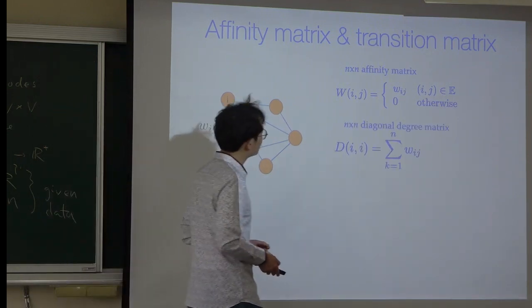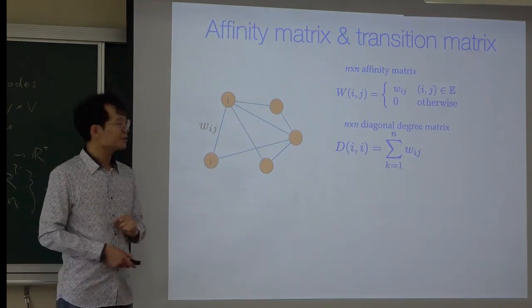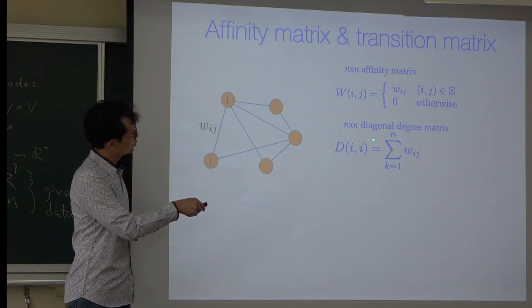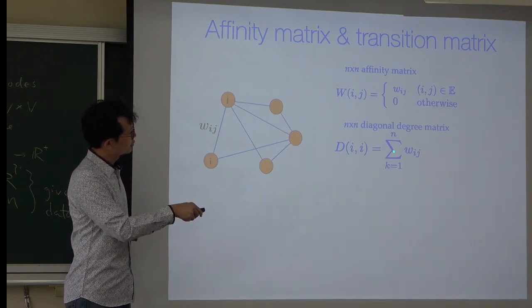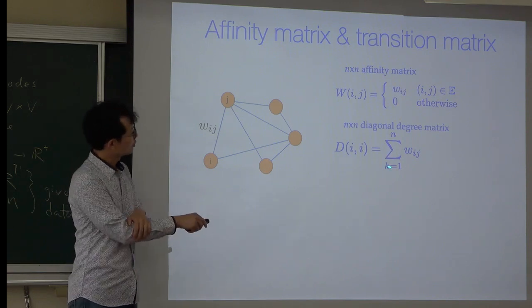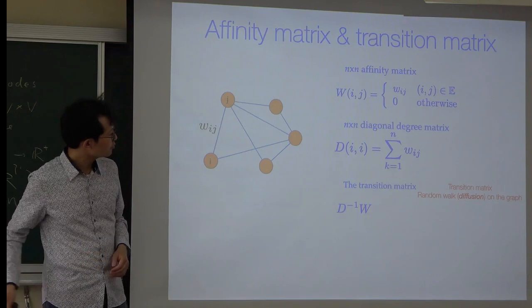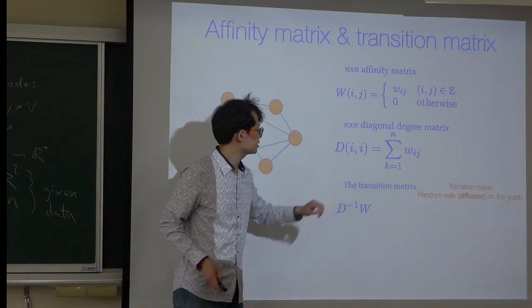And then we build up an n by n diagonal degree matrix D so that the i-th diagonal entry will just be the row sum of Wij. And then we build up something called the transition matrix.